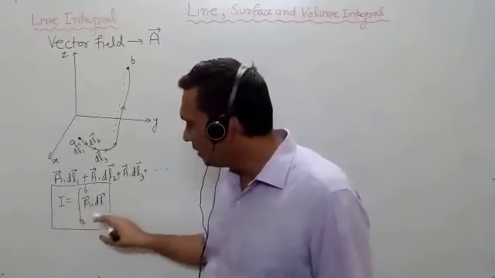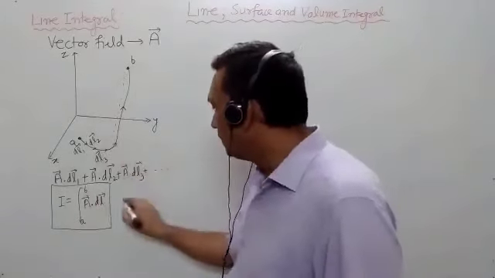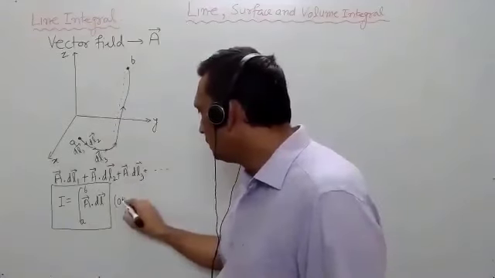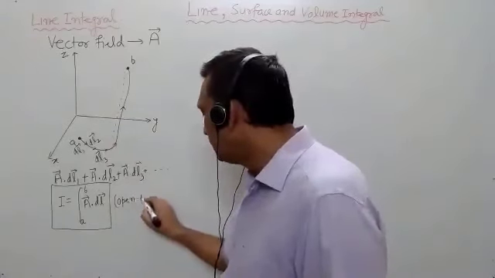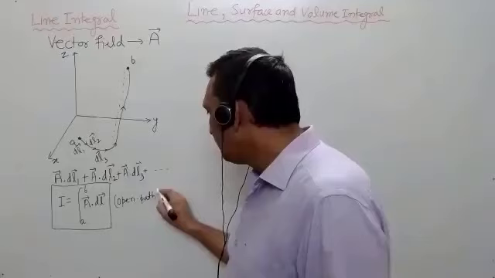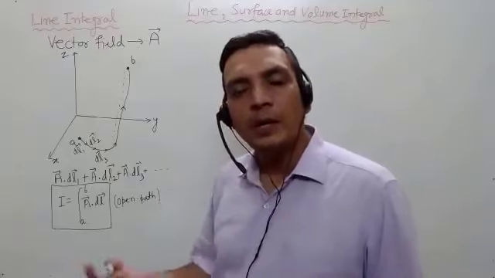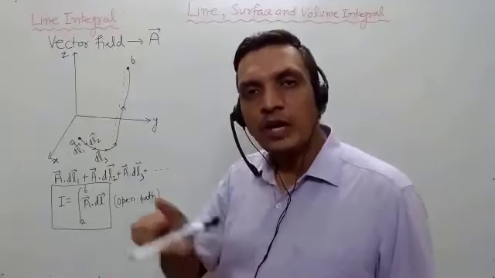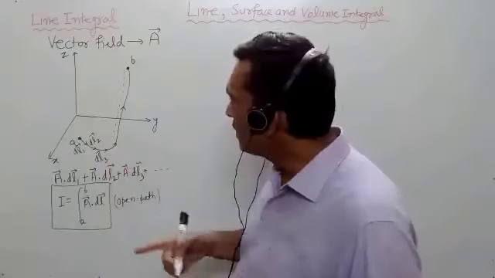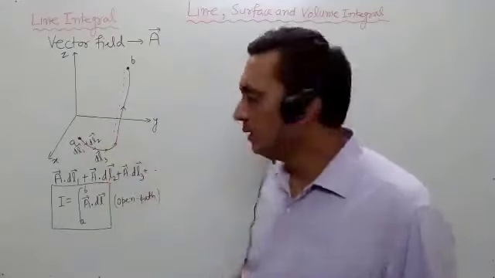In this case, this is an open path. You know that path may be open or it may be closed. If you have an open surface that is surrounded by closed line.